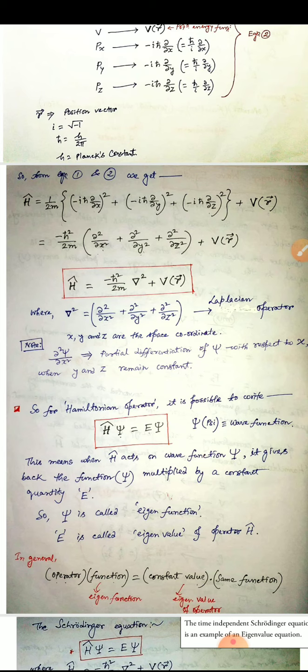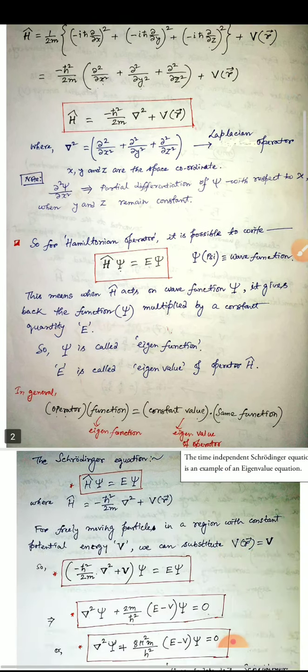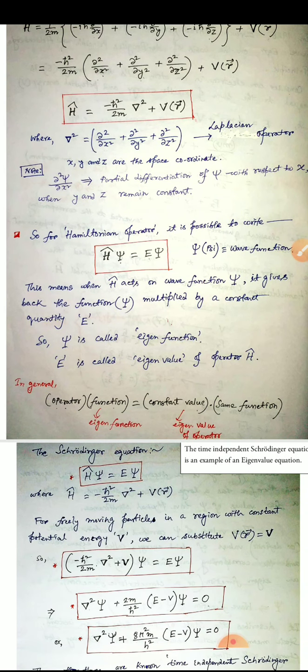Now in this equation, with respect to the mass m of an electron, when the Hamiltonian operator acts on an electron-like particle, the wave function psi gives back the function psi multiplied by a constant, the quantity E. It is called the eigenvalue, and here it is energy, and the corresponding function psi is called the eigenfunction.